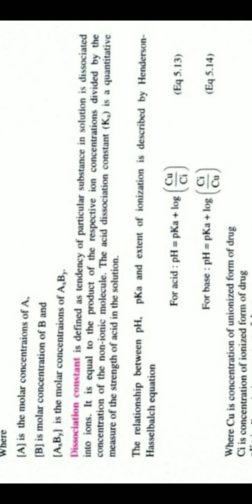The relationship between the pH, pK and ionization is described by the Henderson-Hasselbalch equation. Henderson-Hasselbalch gives the equation for the acid and for the base, because the drug is either acidic or basic. When the acid comes into contact with different pH, it shows the ionization process.